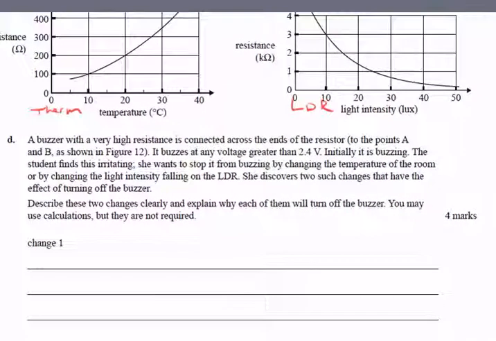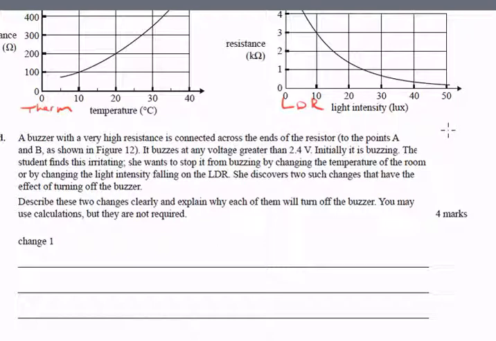If I was to just quickly draw it, we had the LDR, the thermistor, and the resistor, and here's going to be my buzzer across that point and that point. It buzzes at any voltage greater than 2.4 volts measured across here.